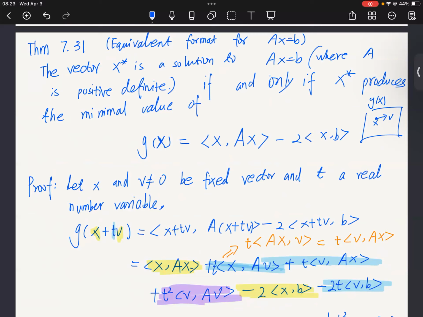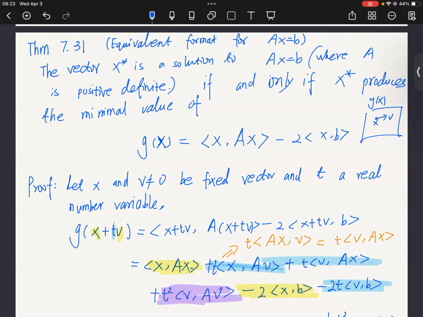This is the x, and this is the v, and in this direction you will have a minimal value of the g(x) function, and that point you should calculate by the t given below.